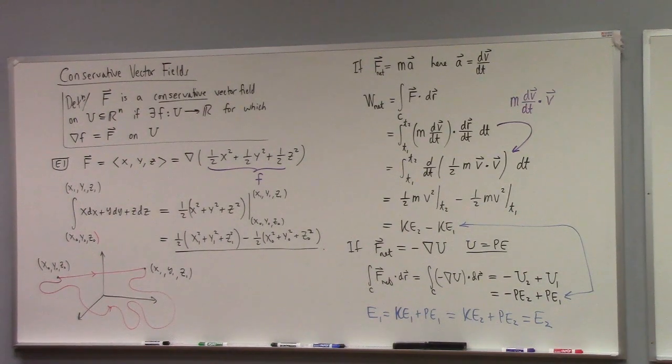And that's why it's called a conservative force, because in the presence of a conservative force being your net force, if the conservative force is the entirety of the force acting on a mass, then we can define this quantity called energy, and the energy is constant over the motion. So that's why it's called a conservative force.